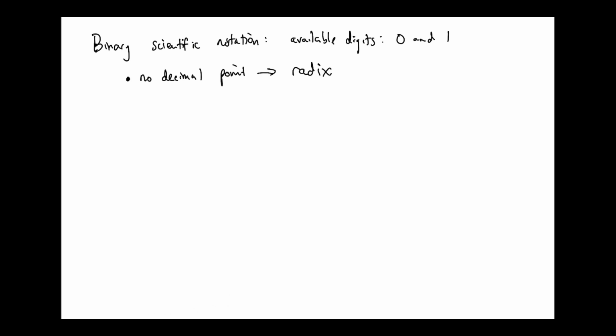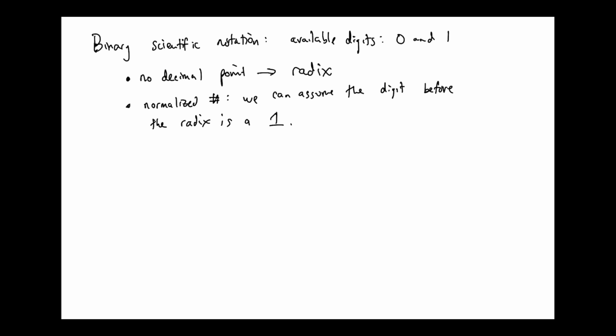So we'll call the decimal point the radix, not the decimal point, when we're working in any base other than base 10. Okay, so there's a minor change. And then also, in a normalized number, we get to assume that the digit that's immediately before the radix is a 1, okay?